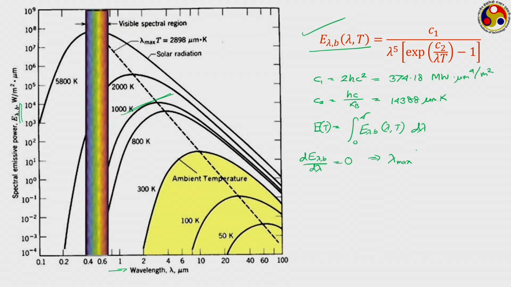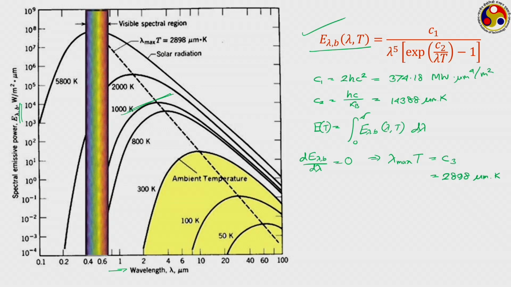The first one is the Planck's relation, whereas what we are writing here is called Wien's displacement law, where for a given temperature, the product of the temperature and the corresponding wavelength at which we get the maximum spectral emissive power is a constant, and the value of C3 is 2898 micrometer Kelvin.